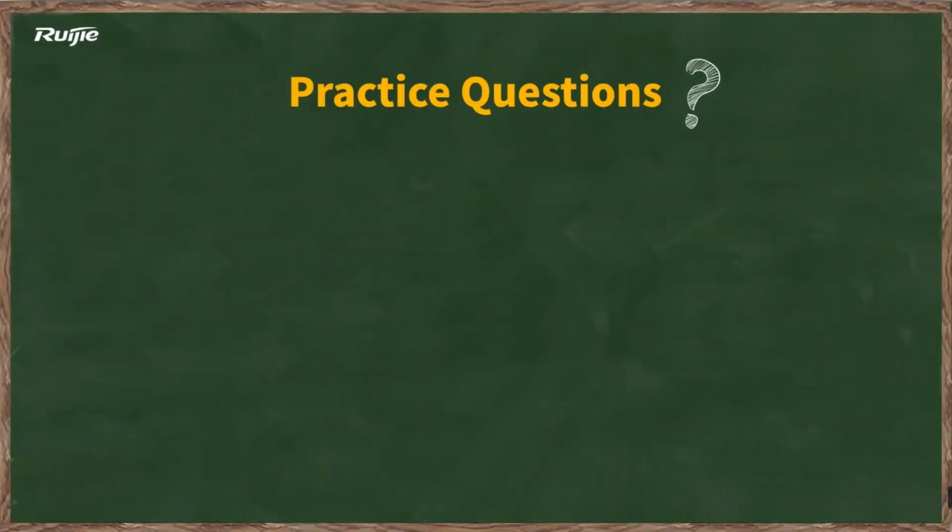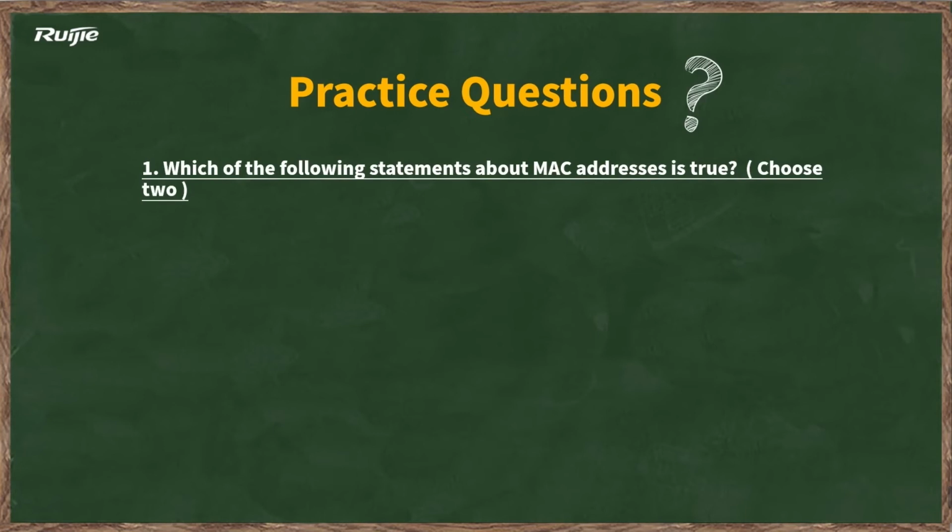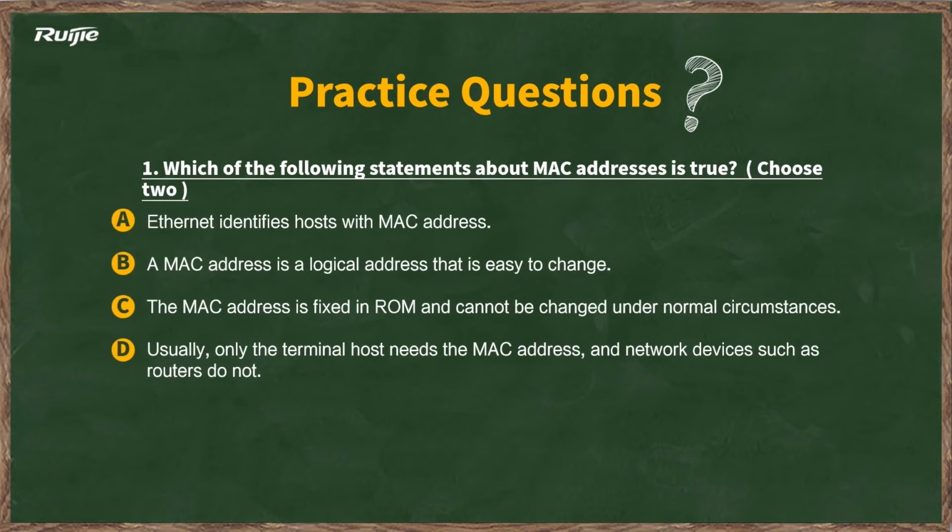And here we also have 2 questions. The first one: which of the following statements about the MAC address is true? Here we have 2 correct answers. Option A, Ethernet identifies hosts with MAC address. Option B, a MAC address is a logical address that is easy to change.